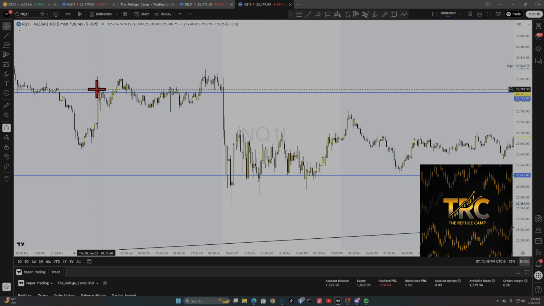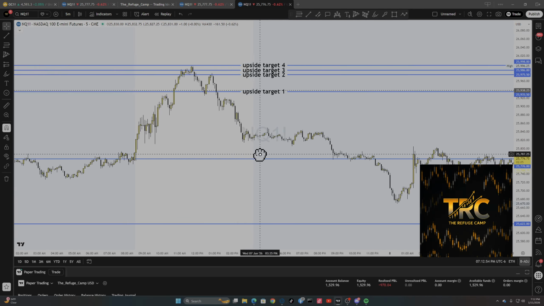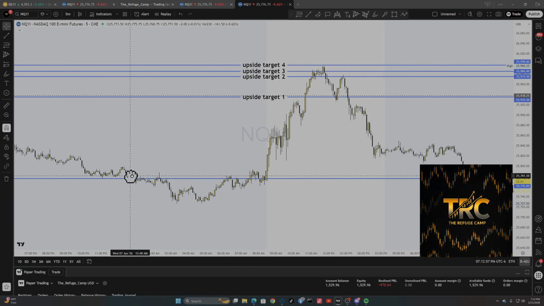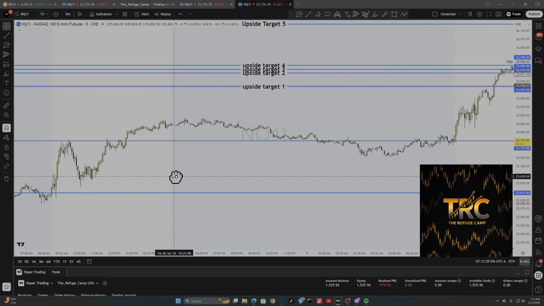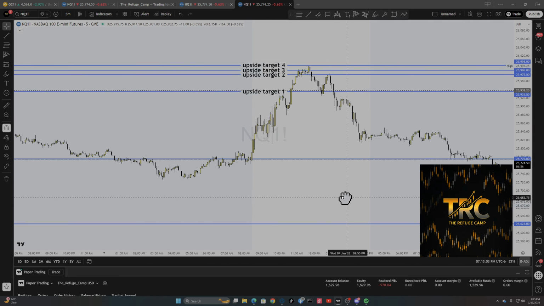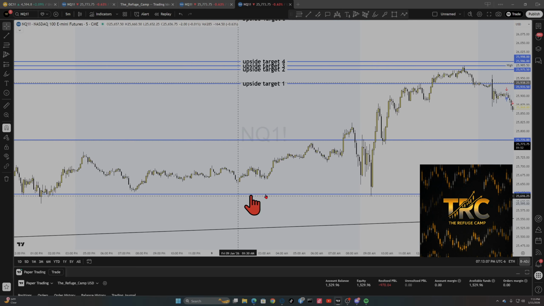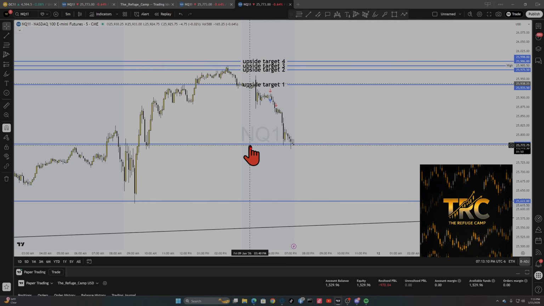Price gets under it, comes back to it. Price gets over it, comes back to it. Make sense? Do you see how far back that level is heavily respected, one way or the other? That is why it's a target. Because I want to know where price is most likely to come back to.